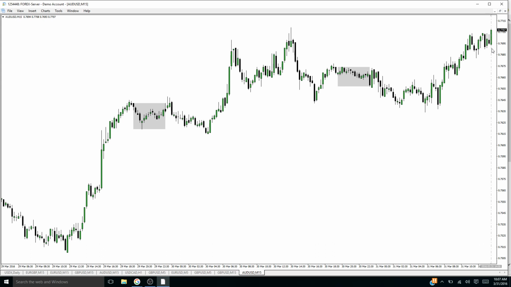So 11 o'clock is 15 GMT, 12 is 16, 1 is 17, 2 is 18, 3 is 19. So 19 GMT is where we set our rectangles.